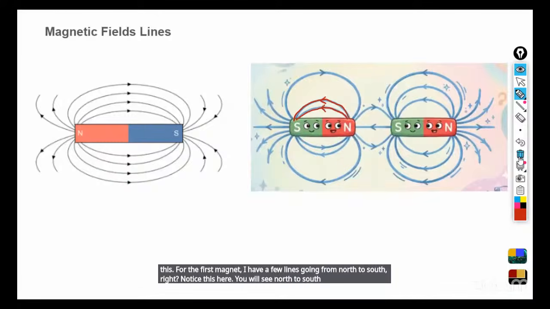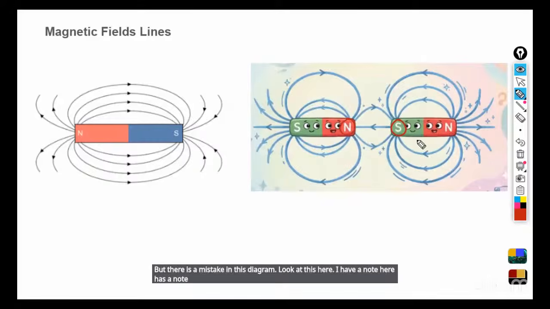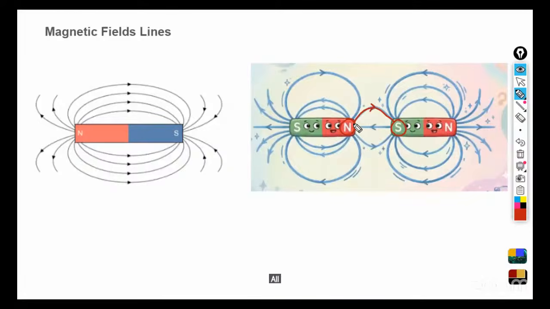But there's a mistake in this diagram. Look at this here. I have a north here, and here has what? A south, right? You notice this magnetic field line on top is correct. Its arrow is in the correct direction. For all north and south combinations, there must be a magnetic field connecting them.